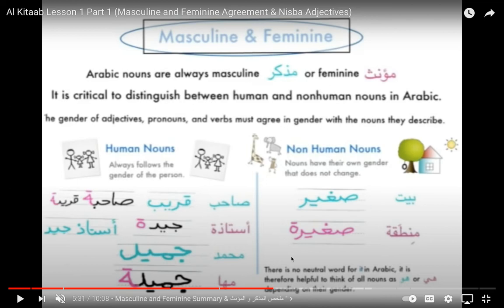There is a very important observation. There is no neutral word for it in Arabic, because this is related with non-humans. For example, in English, you say it for things or for animals.